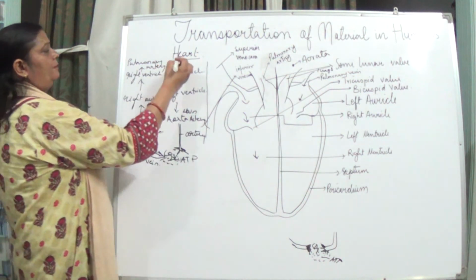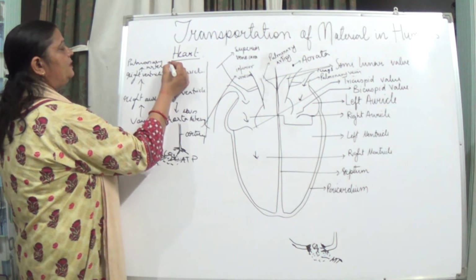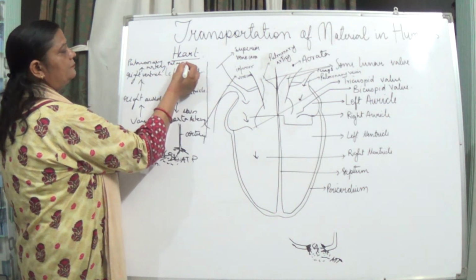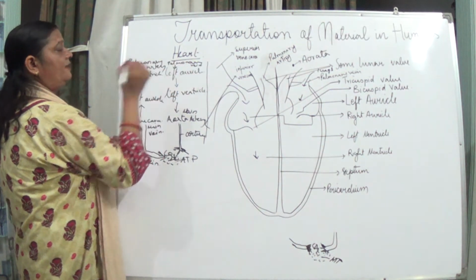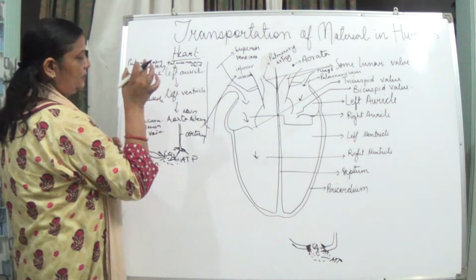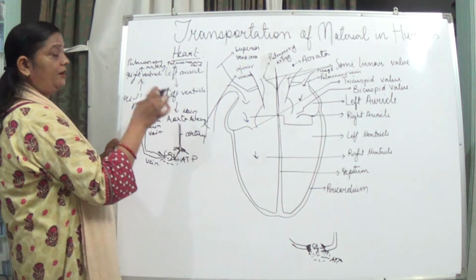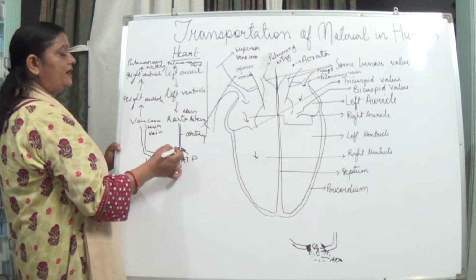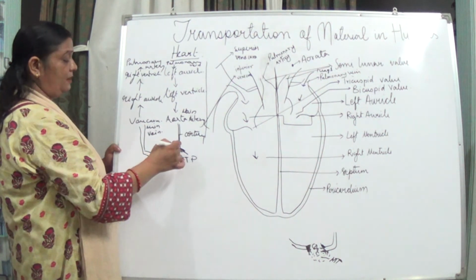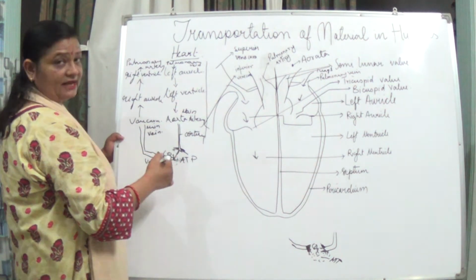So blood coming from the pulmonary vein enters the left auricle, from where it goes to the left ventricle, then to the aorta, which is the main artery, and then divides into blood capillaries. Thereby here the diffusion of the gases takes place.